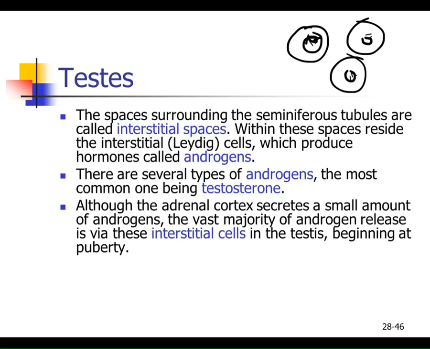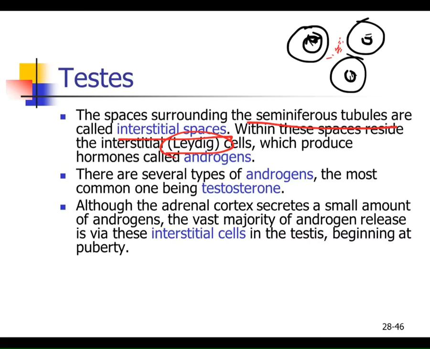And then what would be out here in this space? What would be out here between those tubules? The spaces surrounding the seminiferous tubules will have within them Leydig cells. Those are also called the interstitial cells.